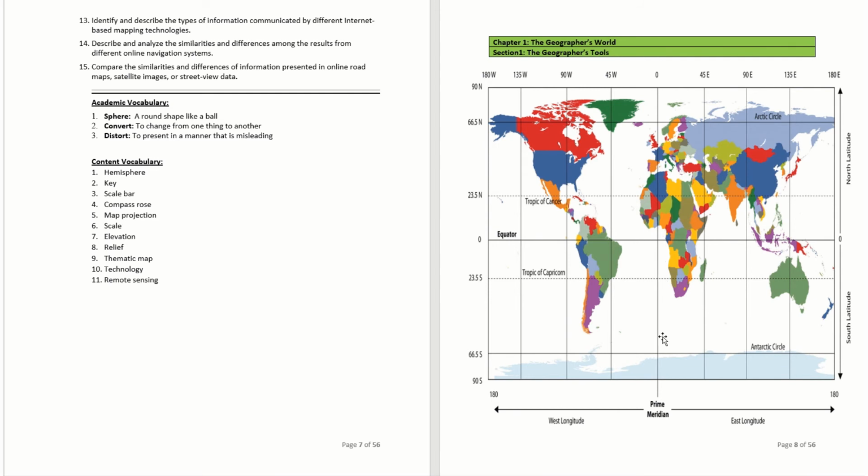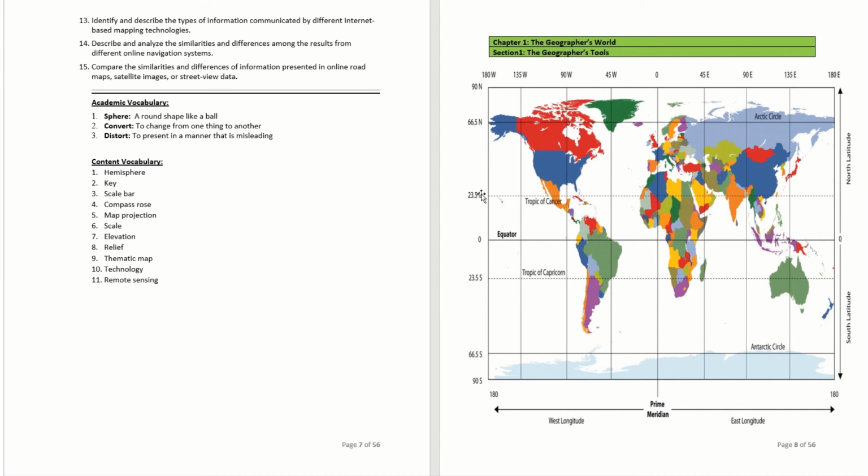The prime meridian also divides the earth in two, the eastern and the western hemisphere. So the prime meridian and equator are both imaginary lines that divide the earth into two equal parts or halves, which we call hemispheres.